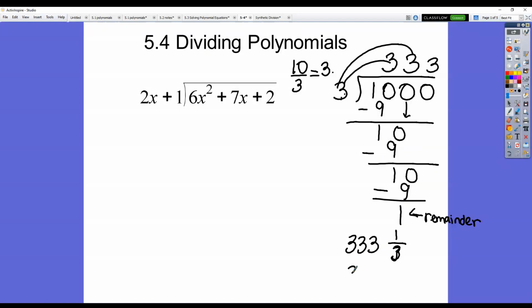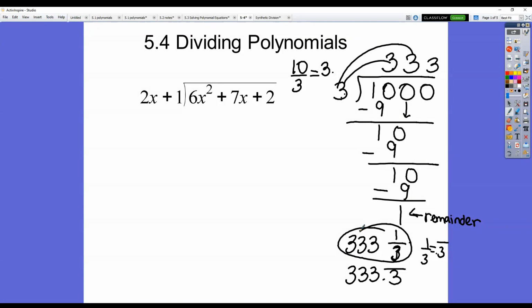Because if you were to type this in on a calculator, wouldn't that be 333.3 repeating, which 1/3 is 0.3 repeating. Okay, so this is what you did in 5th grade math. It was 333 and 1/3. We're going to be doing the same thing today, but with polynomials.